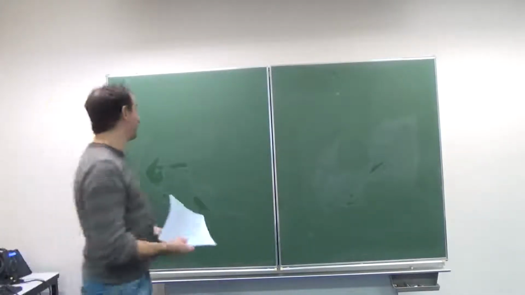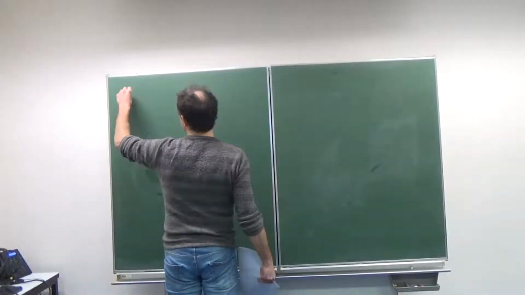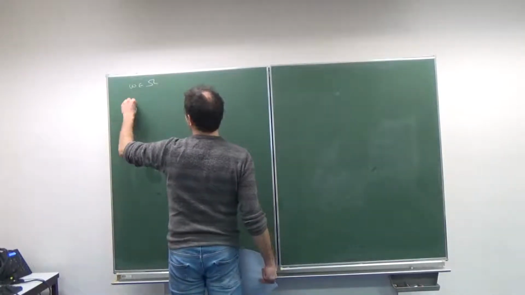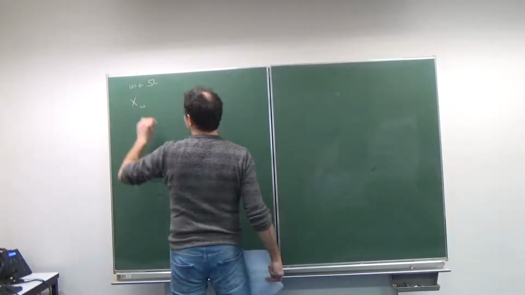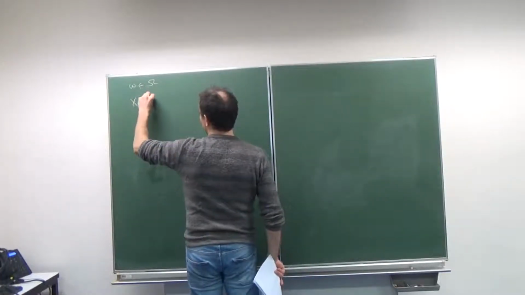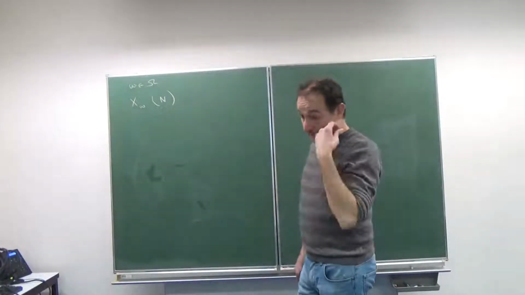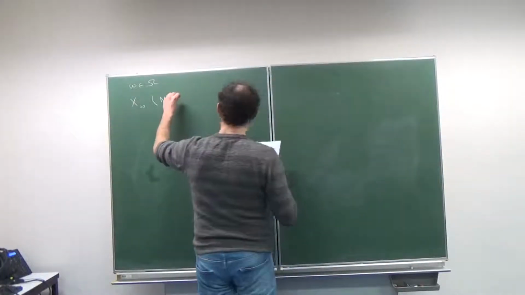So before, remember, we were considering a symbol in an alphabet, and we were looking at the frequency of the symbol after n samples of the symbol.